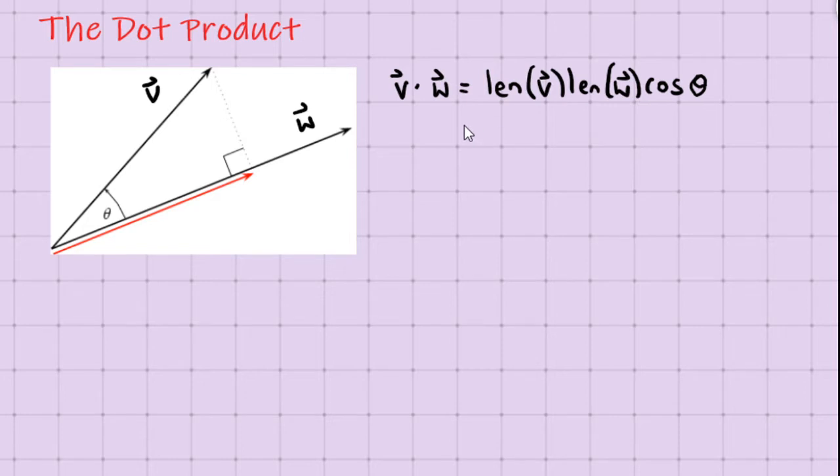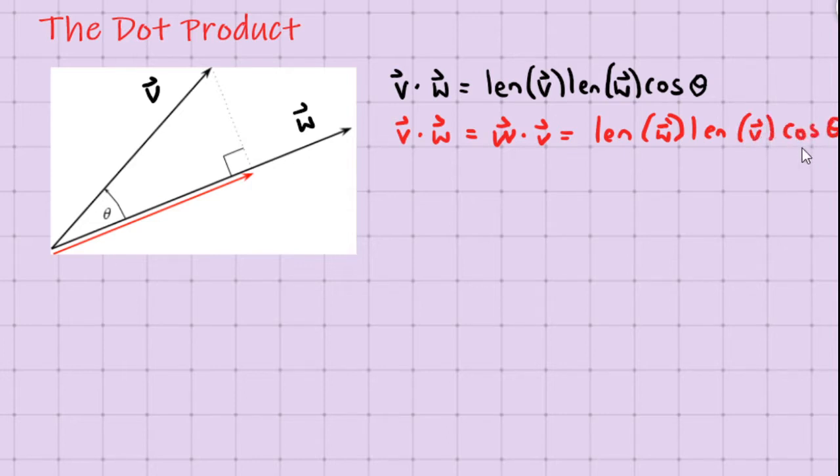Let's instead rewrite this. We should say that v dotted with w is the same as w dotted with v, because in that case it would be the length of w times the length of v cosine theta, which is the exact same expression.